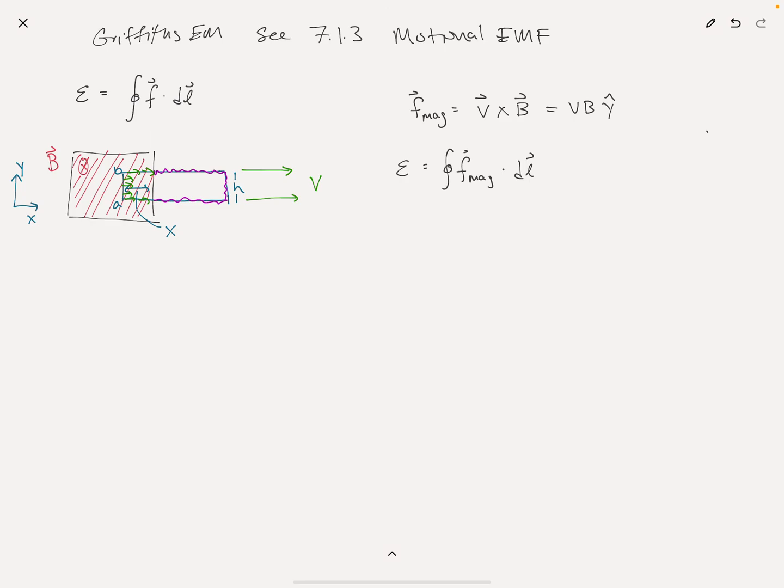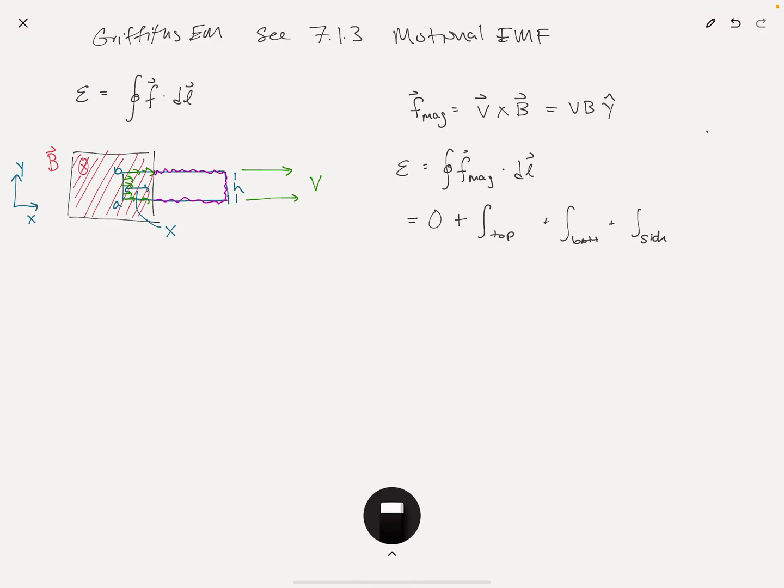So I'm left with calculating this over three parts of my loop: the integral of the top plus the integral of the bottom plus the integral of the side, the left side specifically.